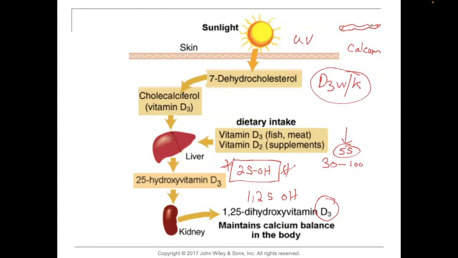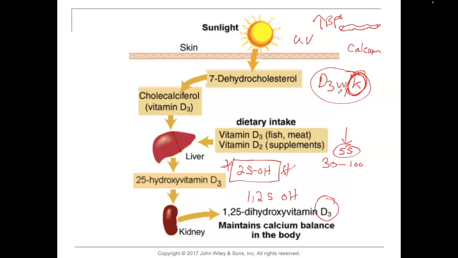Okay, so you have calcium in here, and we want to get the calcium that's in the blood into the bone. And vitamin K is responsible for helping drive the calcium that's in the blood vessels into the bone. If you're vitamin K deficient and you have lots of calcium in your blood vessels, then blood vessels can calcify. And if the walls of the blood vessel calcifies, that can increase your blood pressure. All right, so D3 with K.